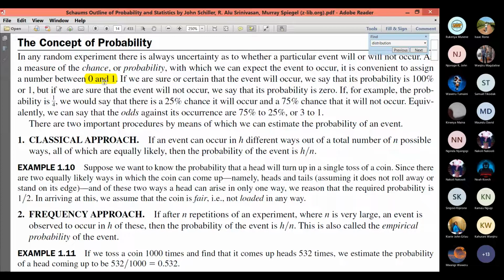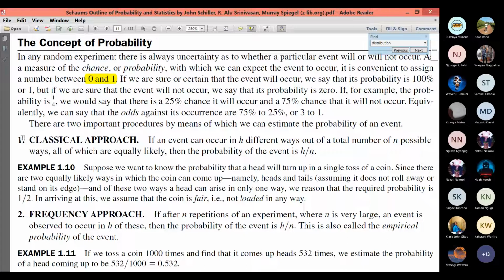And if you're not very sure, then it may lie between 0 and 1, like 0.5, 0.1, 0.2. And you can give it in percentage. Just multiply whatever you have between 0 and 1 by 100. So 1 is 100%, 0 is 0%, 0.5 is 50%, a quarter is 25%, three quarters is 75. Well, that's how it goes.